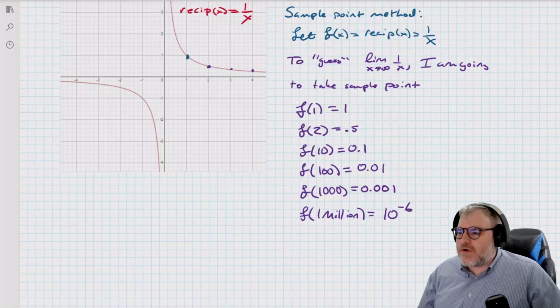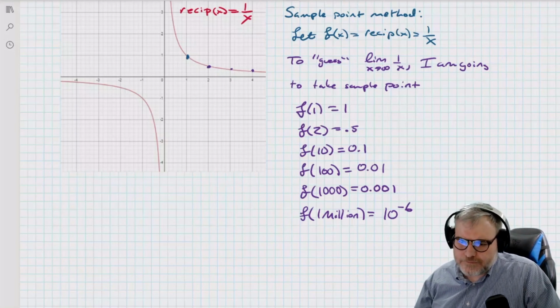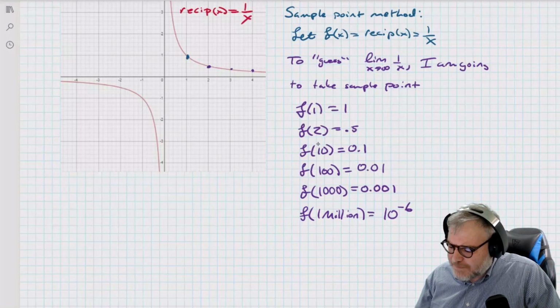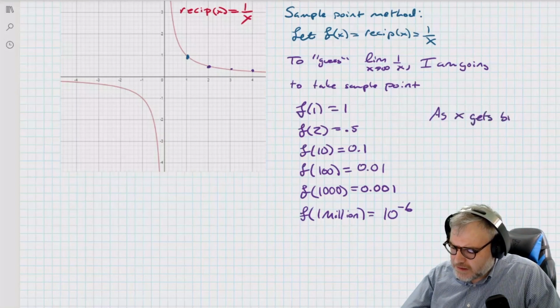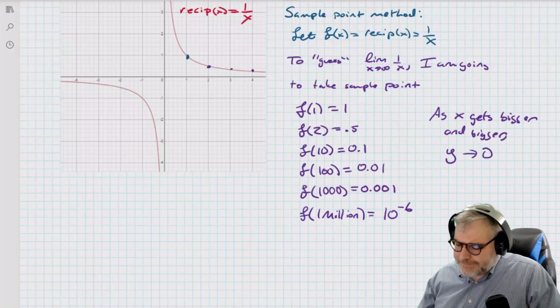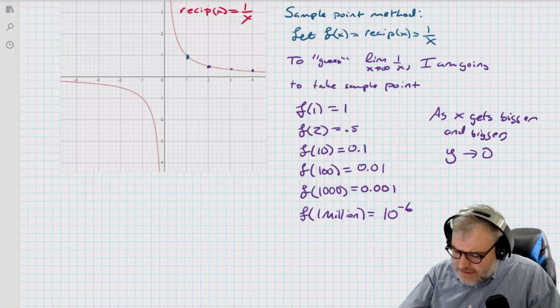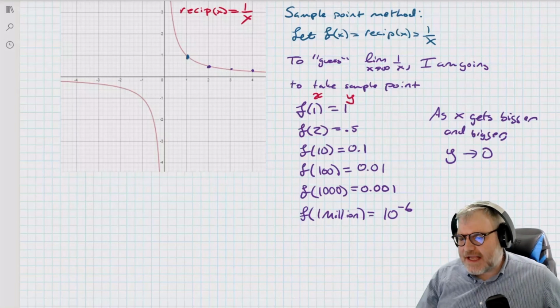Okay, so what number is this approaching as I get smaller and smaller? As my x, as x gets bigger and bigger, y goes where? y goes to 0. Okay? Right, so this is the sample point method. These are the x's, and this is the y. 1 to 5, how do we feel about that idea?